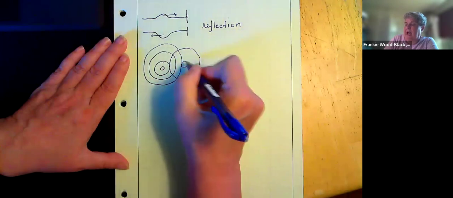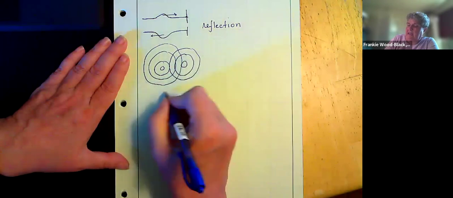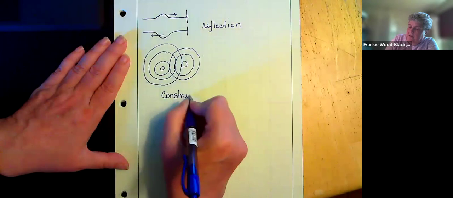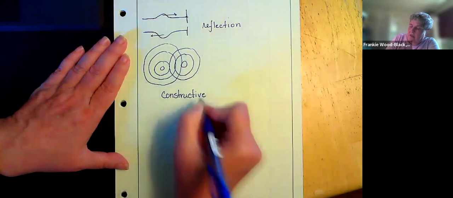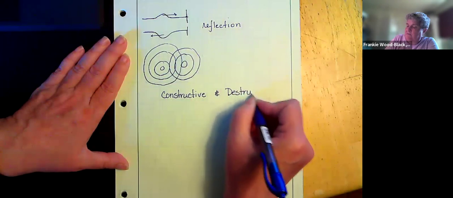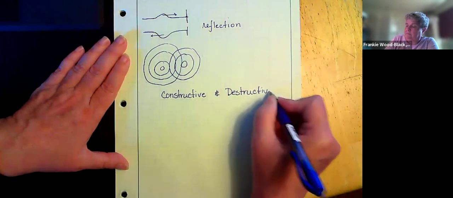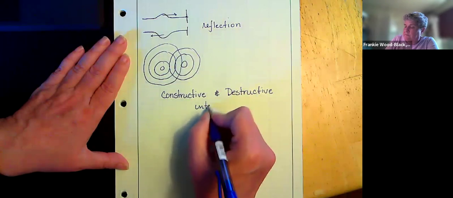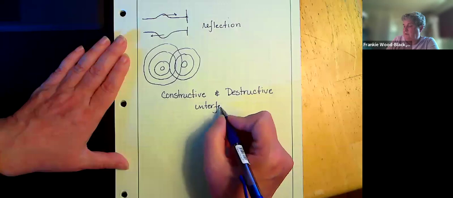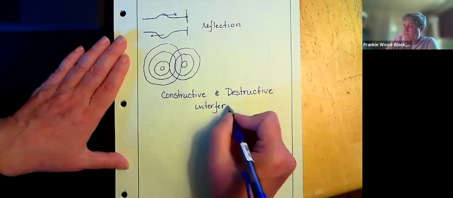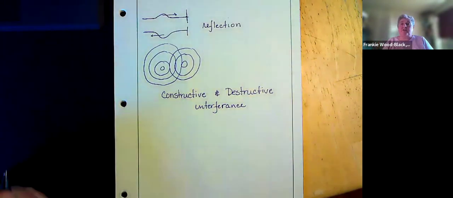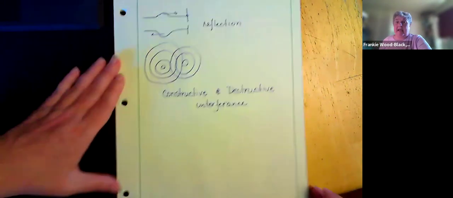And we see these patterns where I can get what we call constructive and destructive interference. I think I spelled it right. I can get constructive and destructive interference because I can add waves.